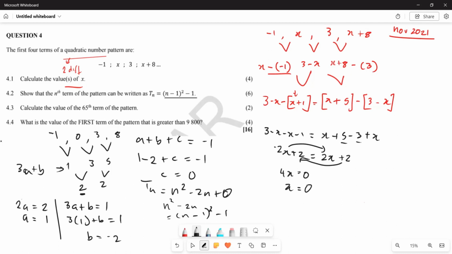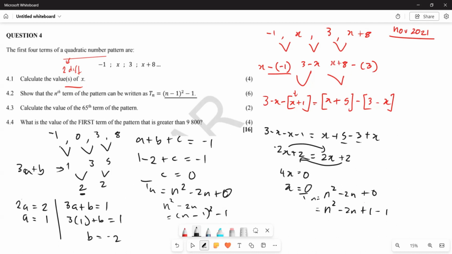Okay. Now, hopefully this makes sense to you. But if you're still not sure of how you got this one, let me just highlight this to you. Remember, n squared subtract 2n plus 0, that is the Tn, right? And now how can you get 0? This is still the same as n squared subtract 2n plus 1 subtract 1.